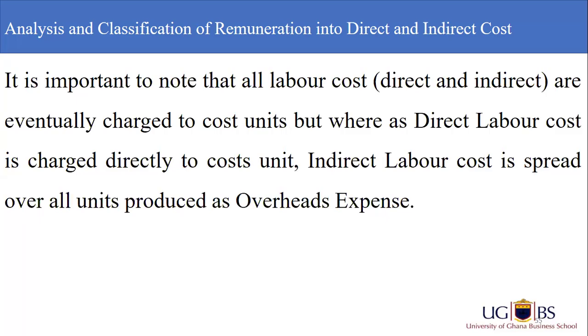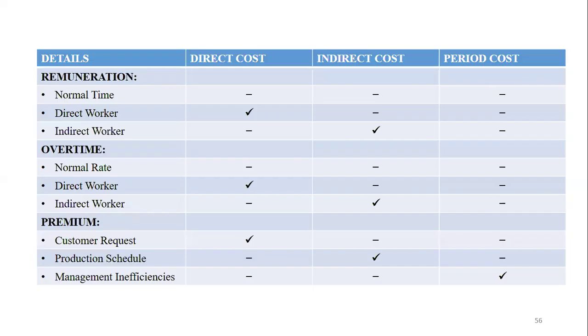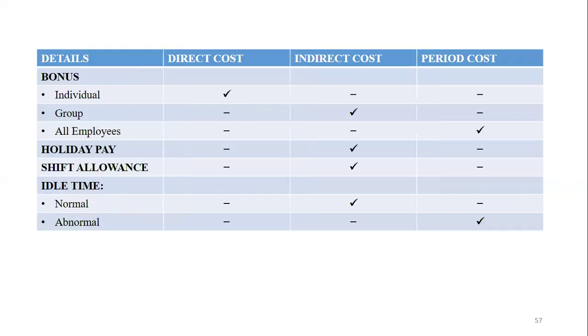It's important to note that all labor costs are eventually charged to cost units, but where direct cost is charged directly to the cost unit, indirect labor cost is spread over all units produced. So basically what this means is that the direct one is charged to a particular unit, while the indirect will also be charged to a particular unit, but it is spread to all the products that have been produced. There is some table here.